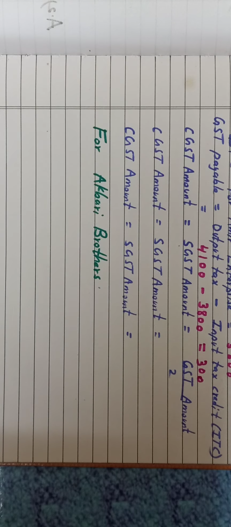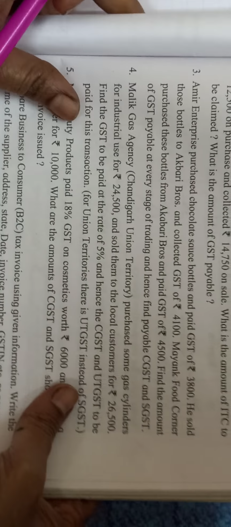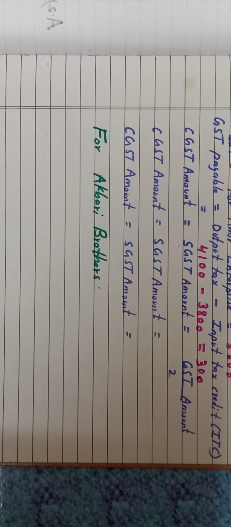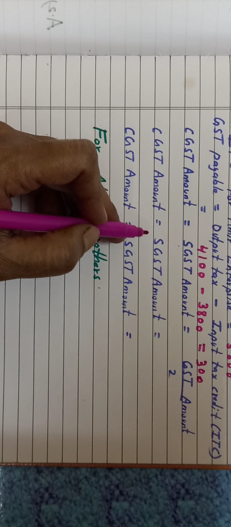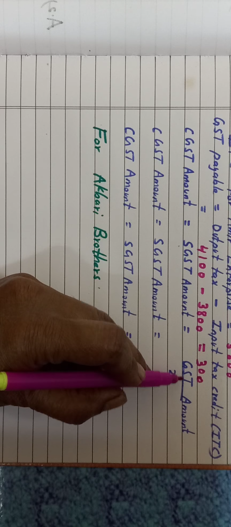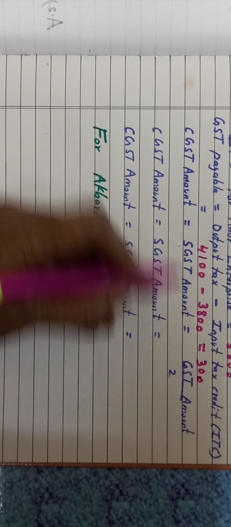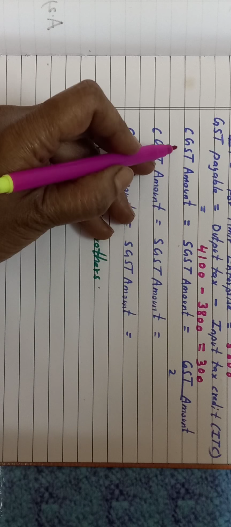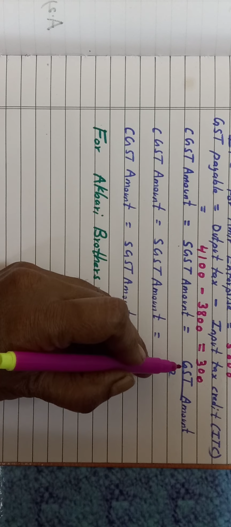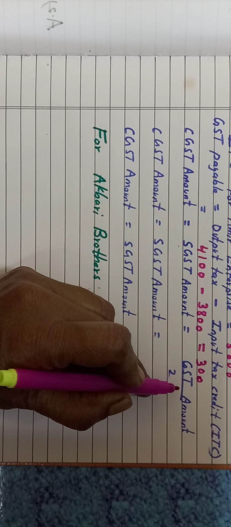Now they have asked you to find CGST and SGST also at every stage of trading. See here, CGST and SGST. CGST amount and SGST amount, the GST amount we have already got is 300. It's a formula: CGST amount and SGST amount is half of the GST amount.